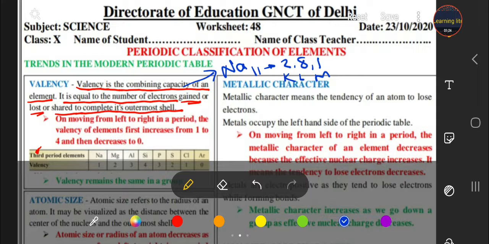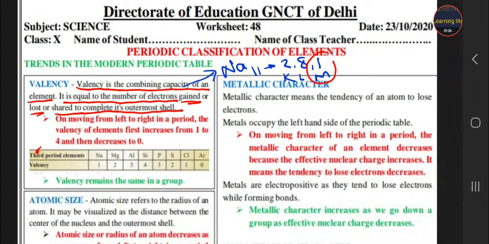The last shell has only 1 electron. It means sodium can donate, it can lose 1 electron from its outermost shell. So the valency of sodium is 1.